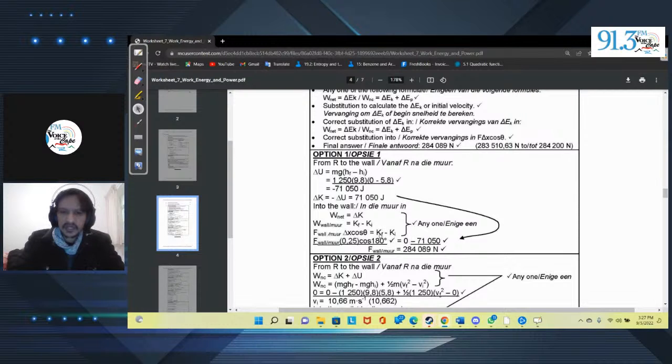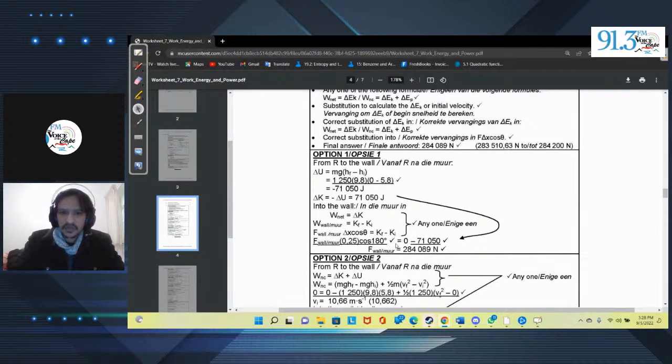We know that Kf is going to be 0, because we're using half mv squared, and at the final point the velocity is 0 because it's crashing into the wall. But at the initial point, the kinetic energy is 71,050.